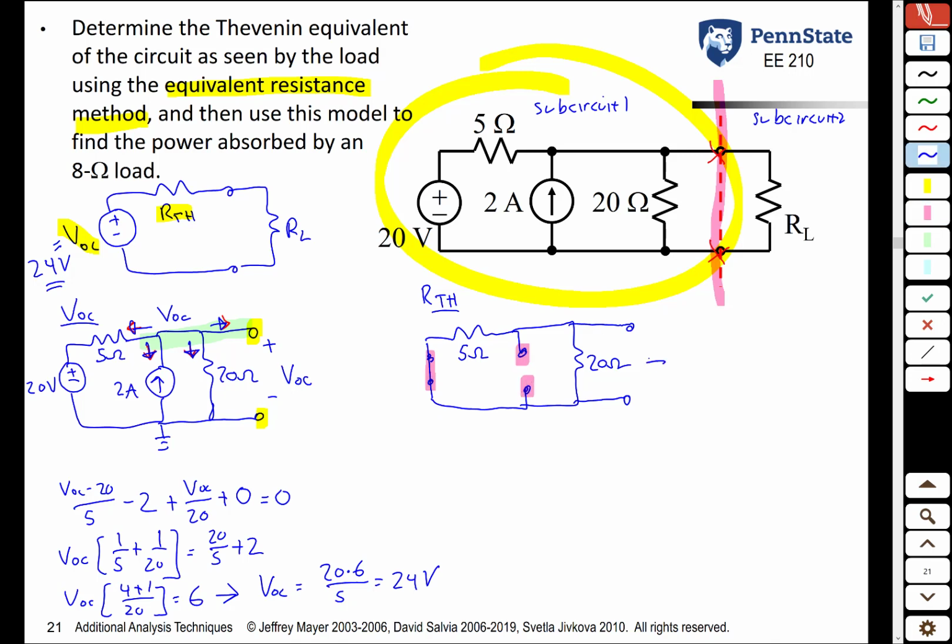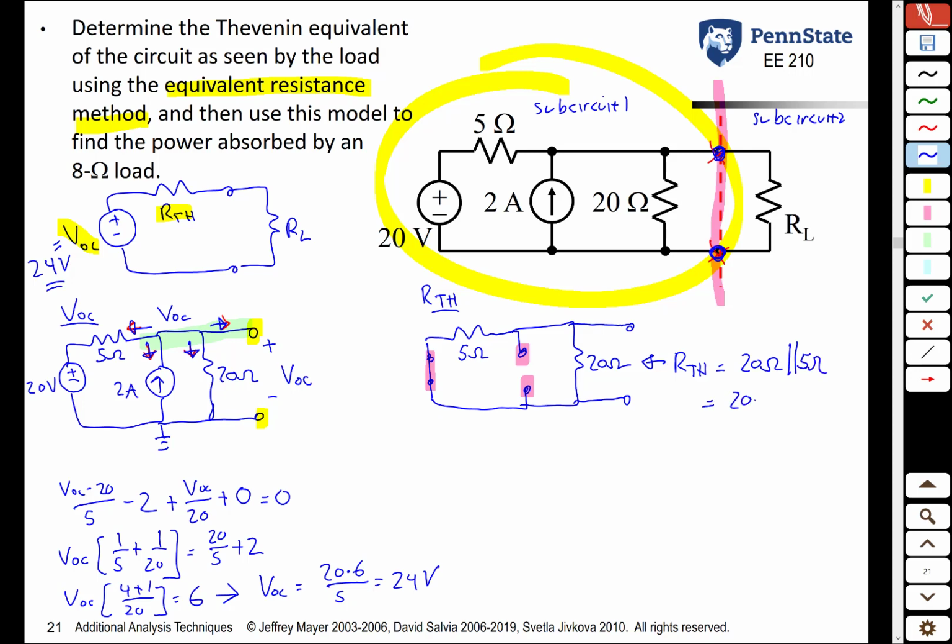And we want to now measure the resistance looking into these terminals. These are the same two terminals here where we're dividing the circuit. We find the resistance looking into that. And it's fairly simple in this case. The 20 ohm and the 5 ohm resistor are in parallel. So R Thevenin is 20 ohms in parallel with 5 ohms.